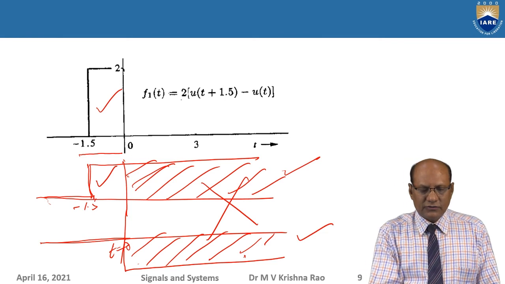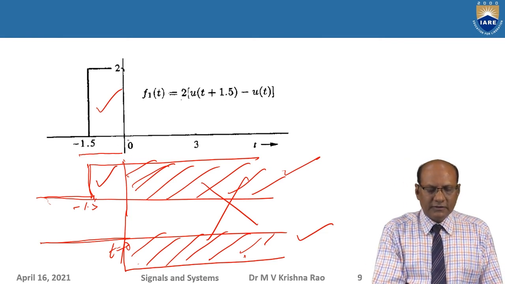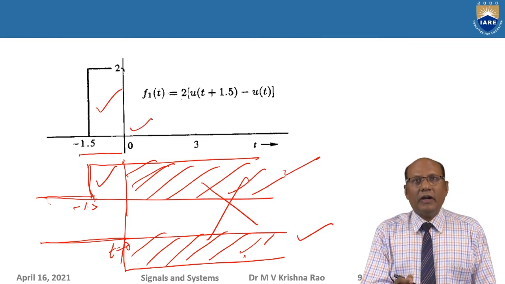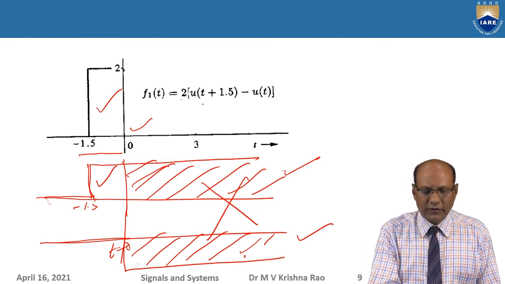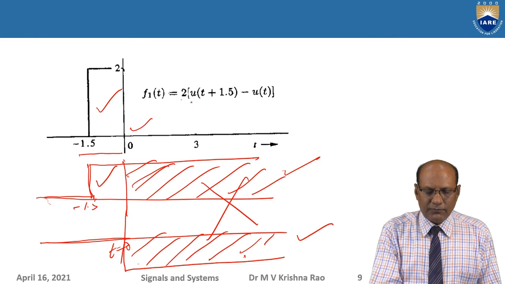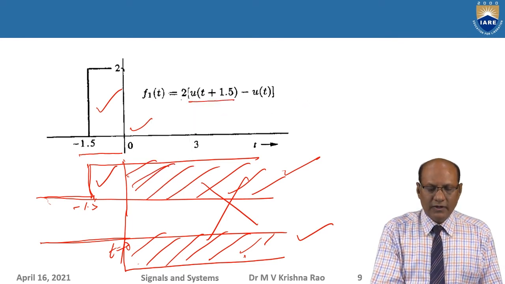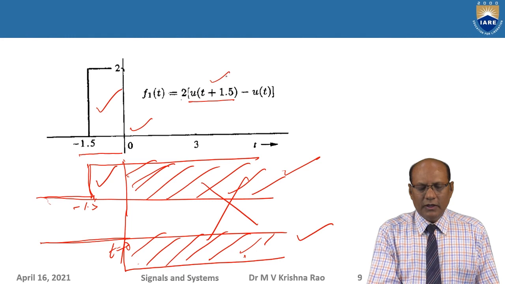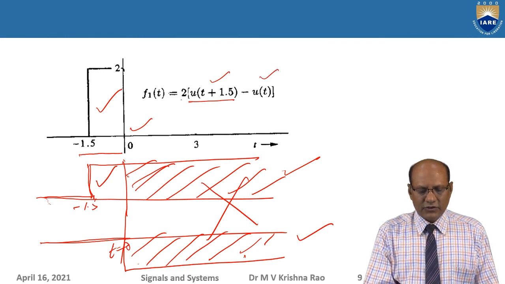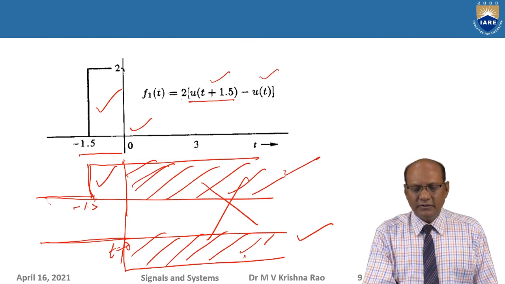Okay, so that's why you have this, because this is t equal to 0 and you are advancing, because here the delay is negative, minus 1.5. So if I substitute unit step of t minus minus 1.5, it is t plus 1.5. And the second function is starting at t equal to 0, that is u of t.